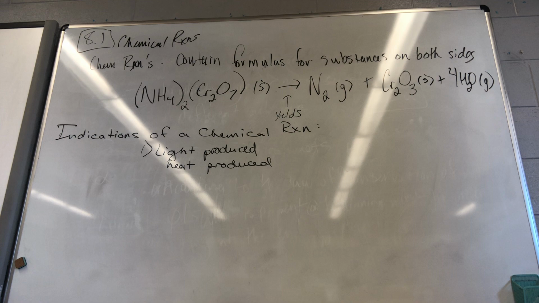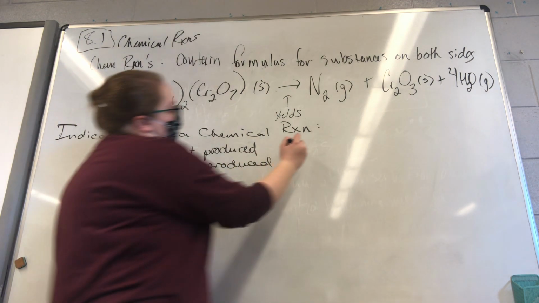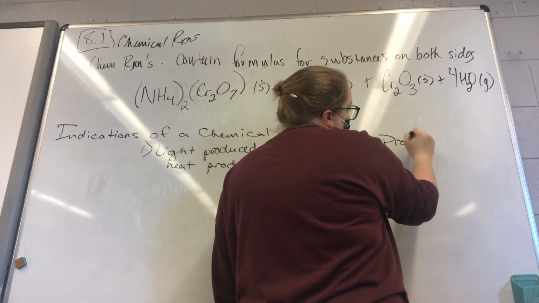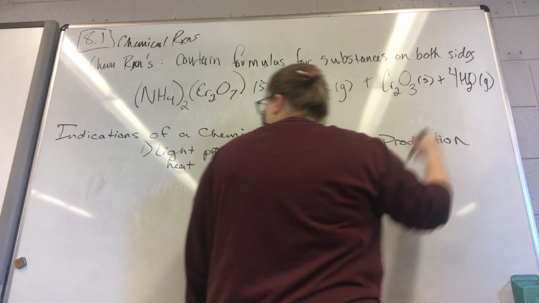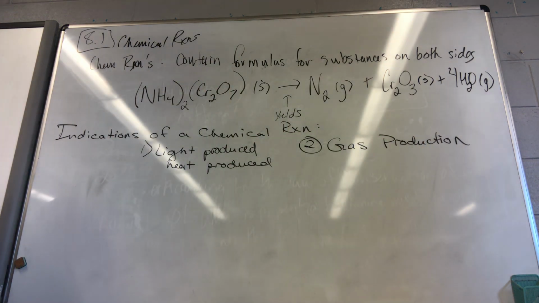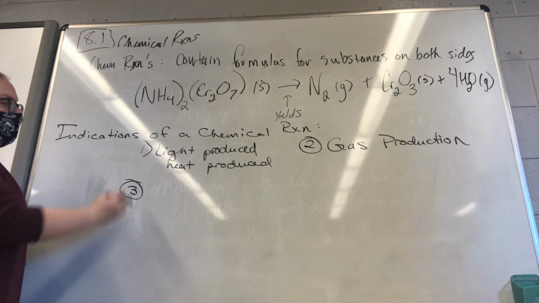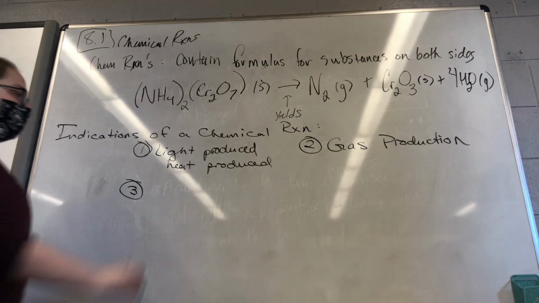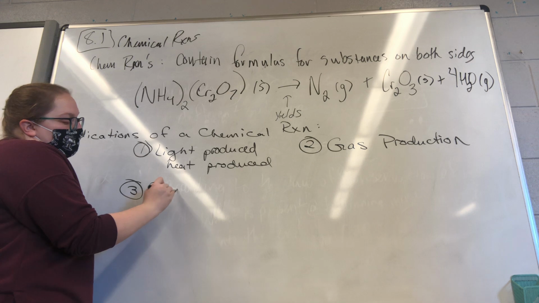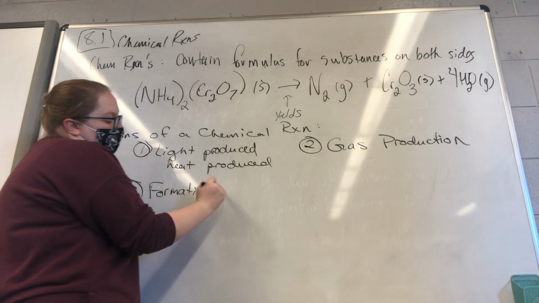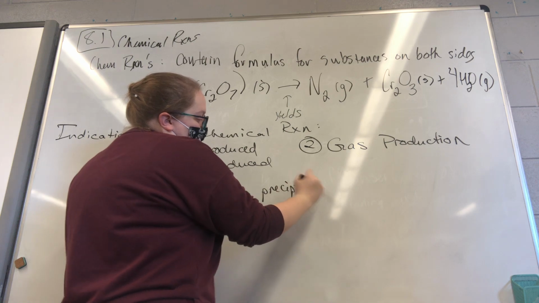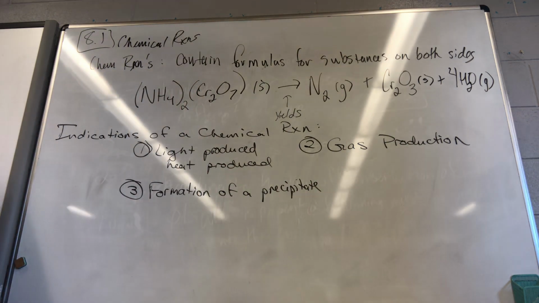They're kind of interchangeable. The next one is going to be gas production. So if something bubbles, it means gas was produced. The next is going to be what we call formation of a precipitate. The term precipitate means solid.